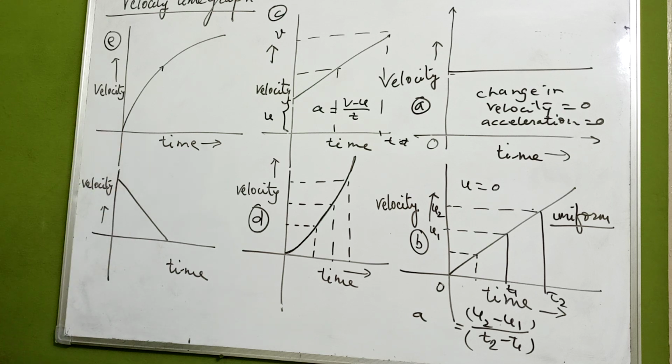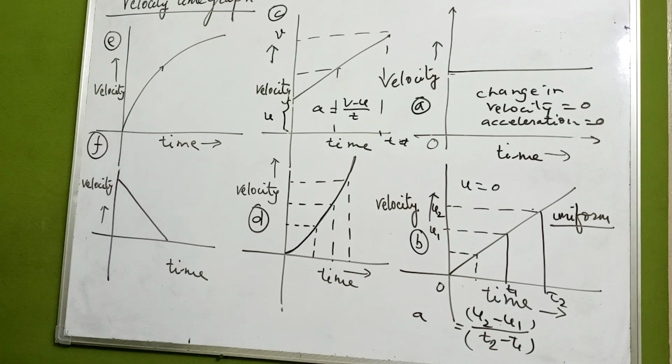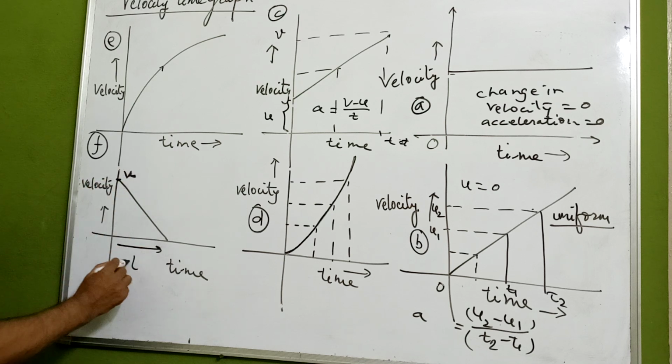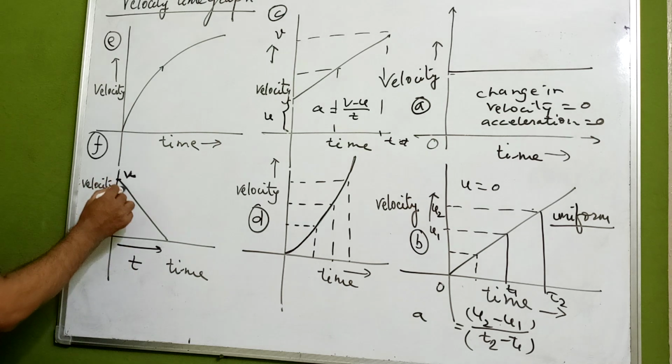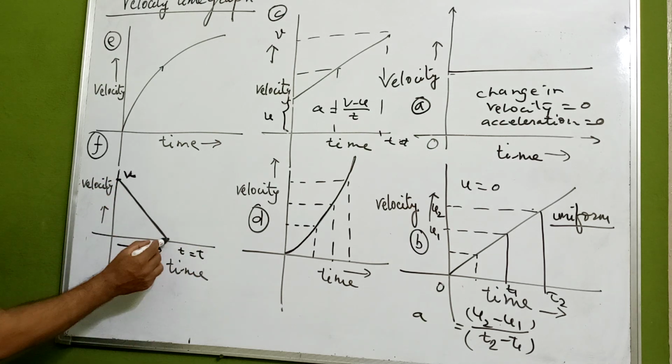So this E graph is giving us deceleration or retardation. Similarly, in this velocity time graph, the object is having some velocity, say v, and with respect to time this velocity is decreasing, and at some time t it is going to be 0.